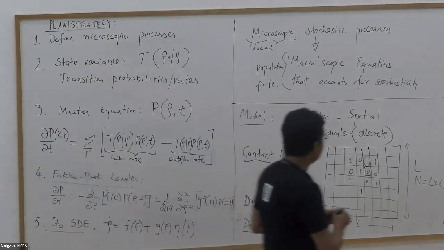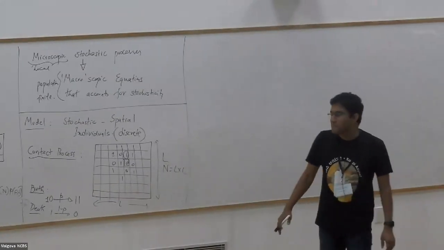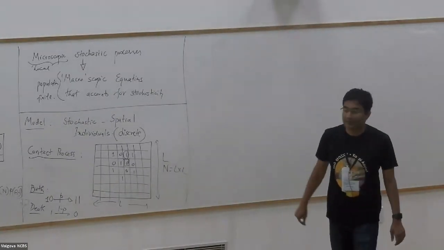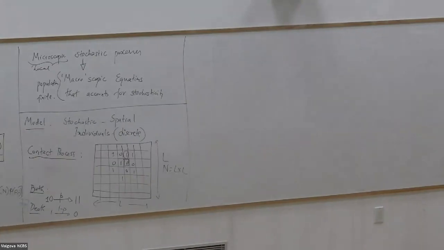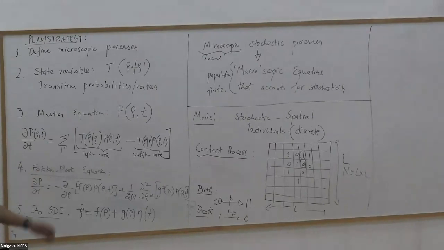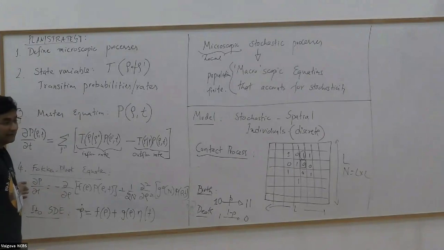Okay, so we have now done the microscopic rules for a population model. Okay, yes. Everything is rho, yes, whatever the state variable you have chosen. Imagine you had 10 state variables. You will now have P as a function of all those state variables instead of just one rho.